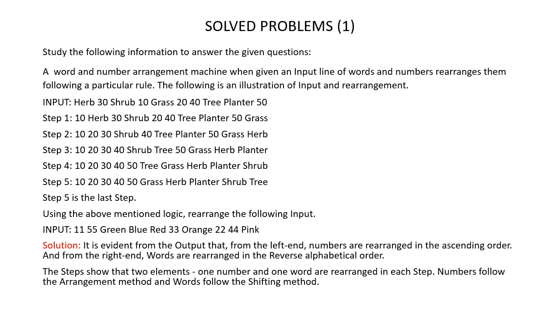So now let's find out the pattern followed by the machine to rearrange the words and numbers given in the input. So here you are given an input which consists of both words and numbers. Then you are given 5 steps, and step 5 is the last step. This means that step 5 is the final output for this particular input.